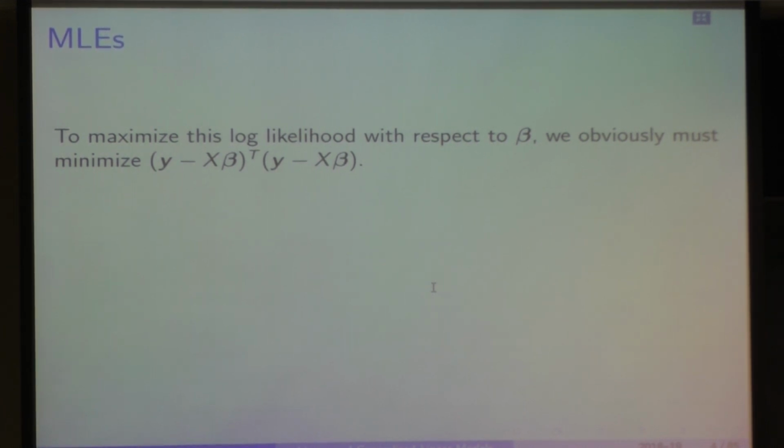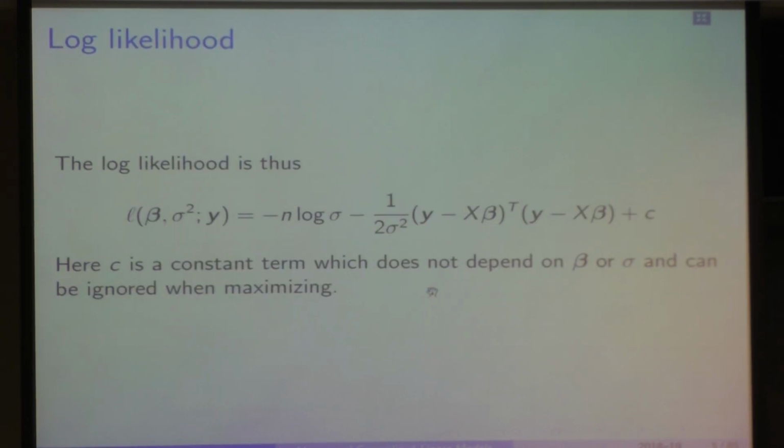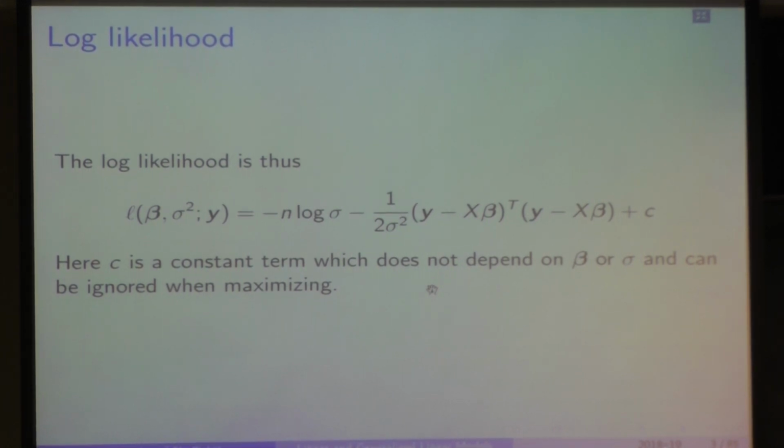Okay, we look back at our log likelihood. We want to maximise this term, so we've got a bit involving sigma at the front, and then we've got this sum of squares bit involving beta. So to get the optimal beta, we simply need to make that term as small as possible.